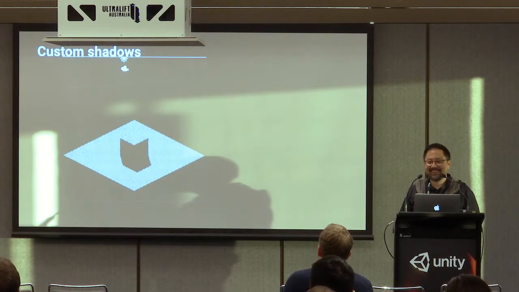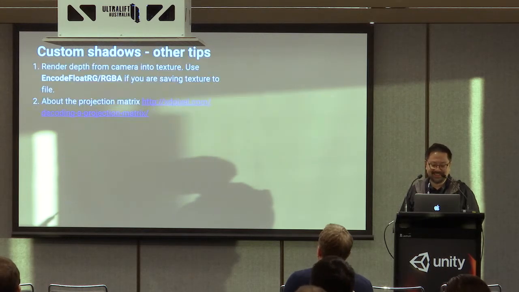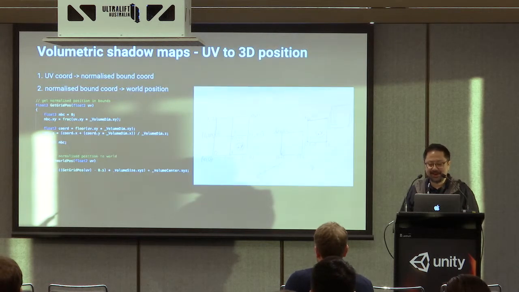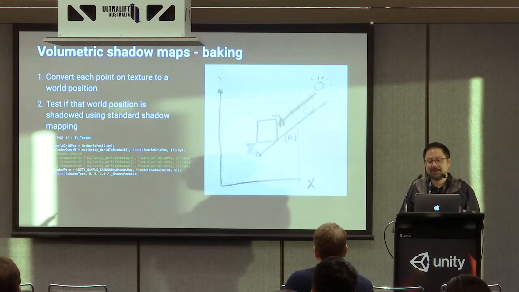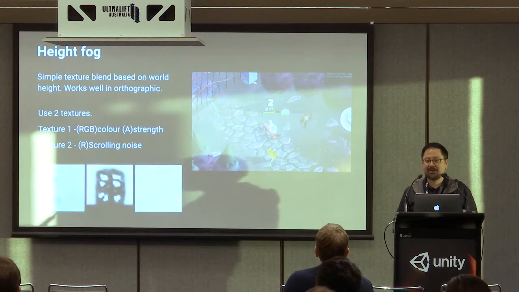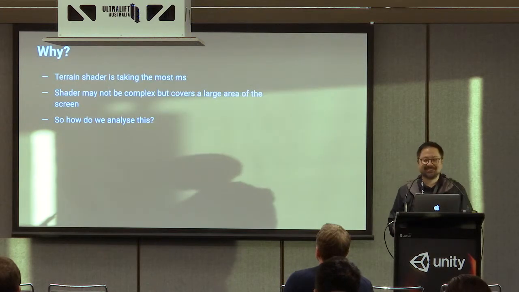Yeah, you can see why I said this presentation was not optimized. And something called baked volumetric shadow maps. Those are my awesome drawings. But after this presentation, I recommend you get it and just look at all the reference stuff, because I can't have part 2 of this presentation today.